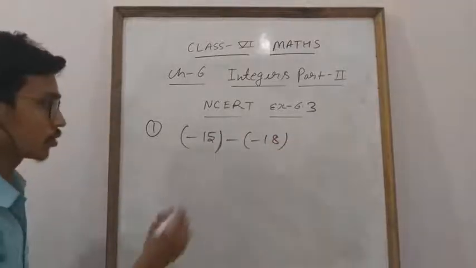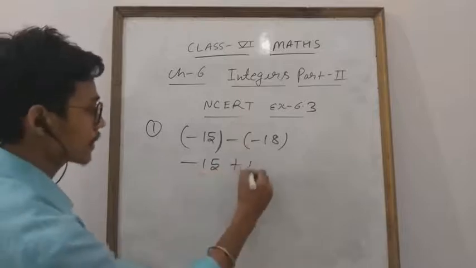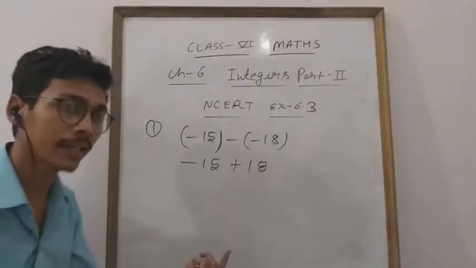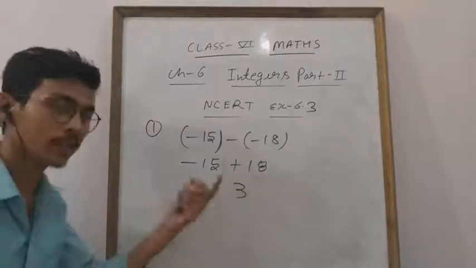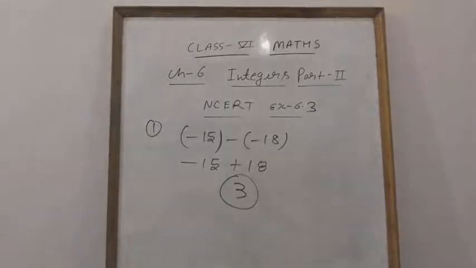Okay everyone, so you know that minus 15 you write down the same, minus becomes plus 18. You know that minus plus minus, sign of greater number. So 18 minus 15, 3. Which one is greater? 18. So this is plus. Only a simple question I give. Okay everyone, so I think now you are able to solve. Now move to the next question.